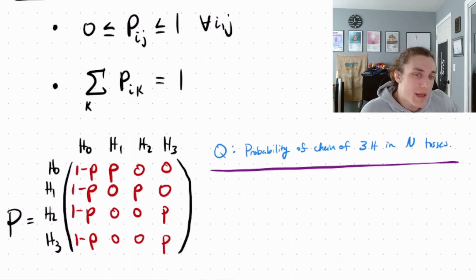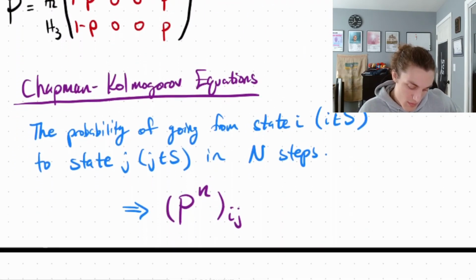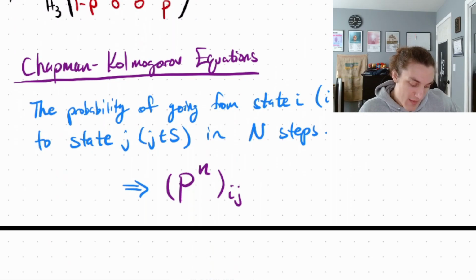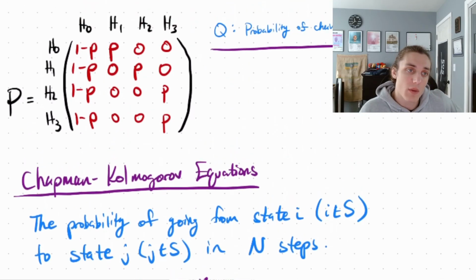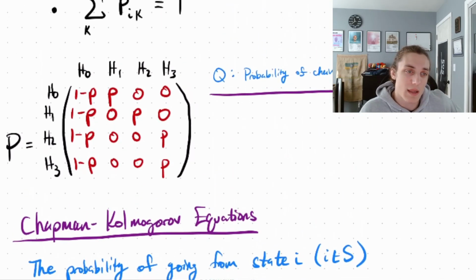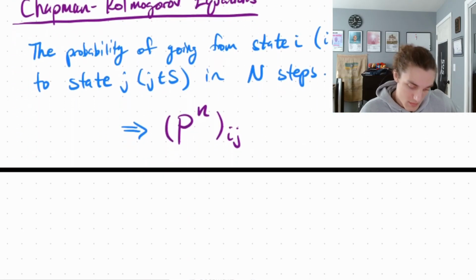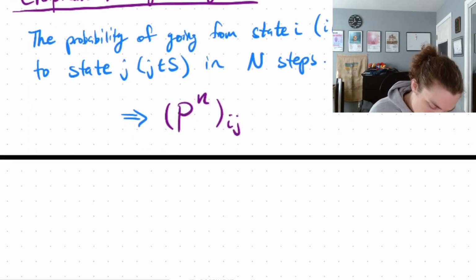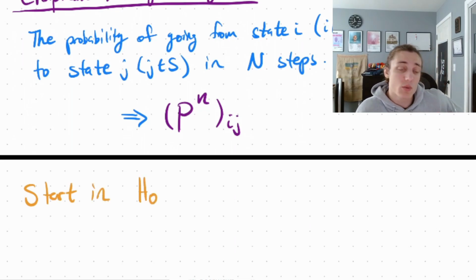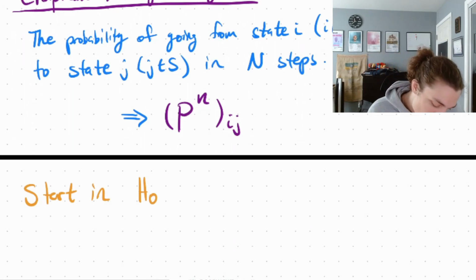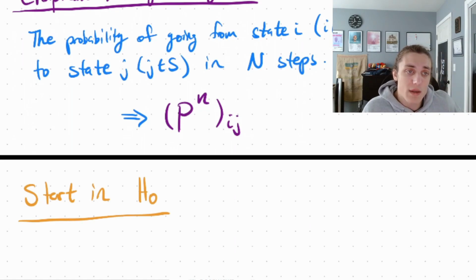Well, we know that we start in H0, because at the start there is no chain of heads. So let's say we start in H0. What is the probability of getting a chain of 3 heads?